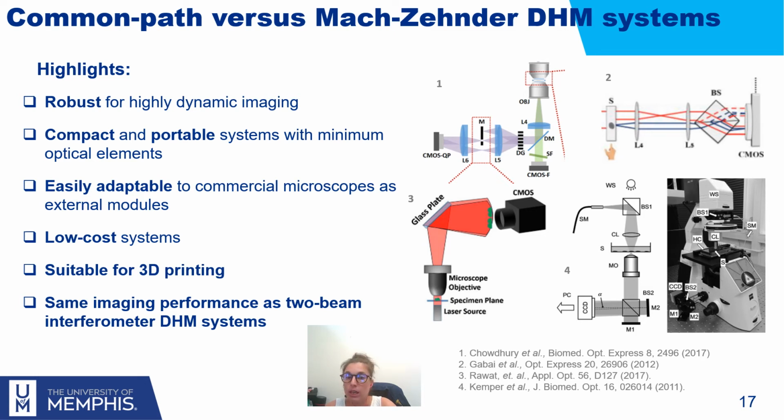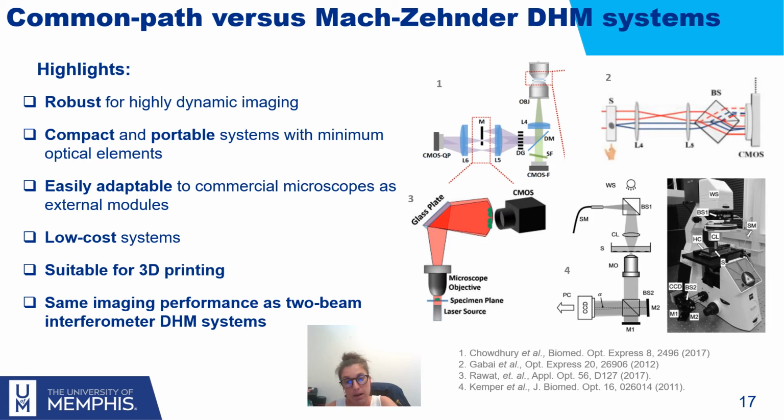But those dual path interferometers are really sensitive to temporal fluctuations. Each of the beams travels a different optical path, which makes them less robust to fluctuations. So sometimes the interference fringes might fluctuate or you might not even see them.